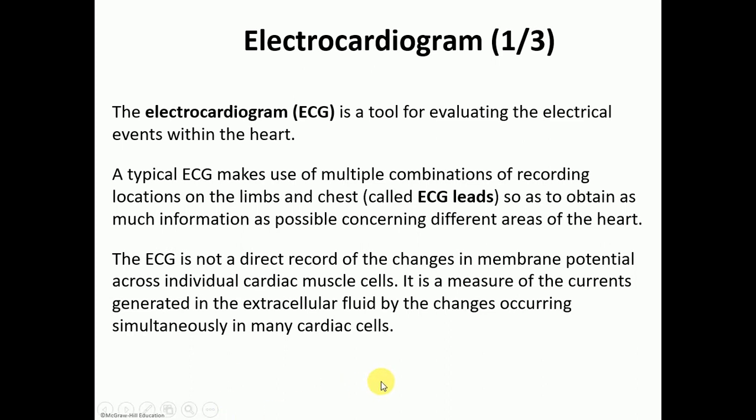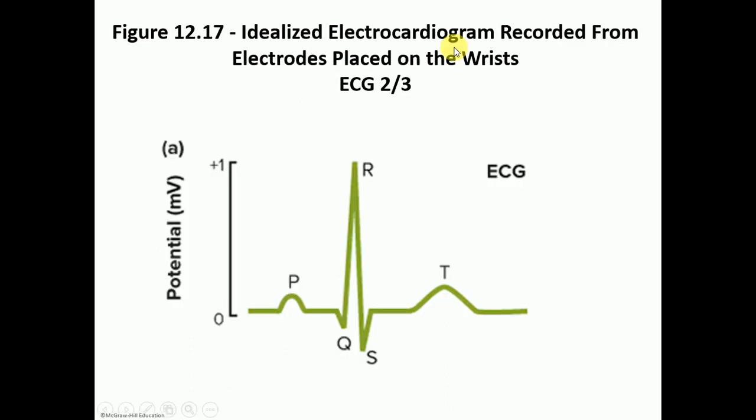So it's not a direct recording of the membrane potential, but it gives us a very good idea of what's going on. We have all of these leads, which are basically the electrodes. They're put on different parts of the chest and on different limbs. We have different recordings, but we're going to talk about the one that gives us a clearer understanding of what's going on. This is where we put the electrodes on the wrists. It gives us what is known as the default EKG.